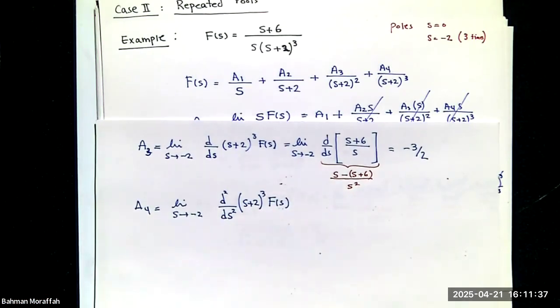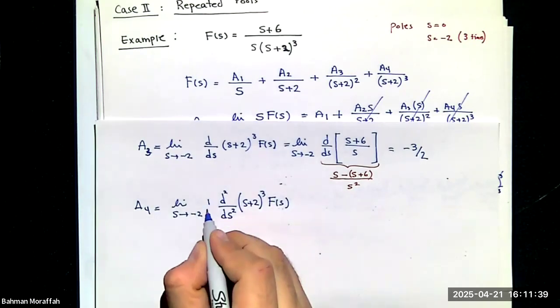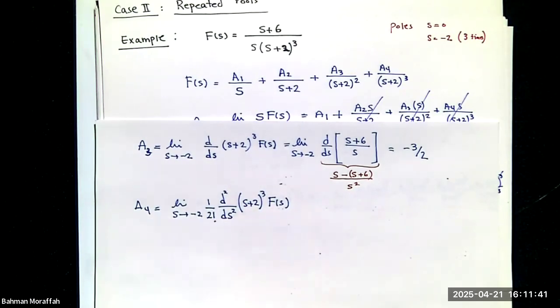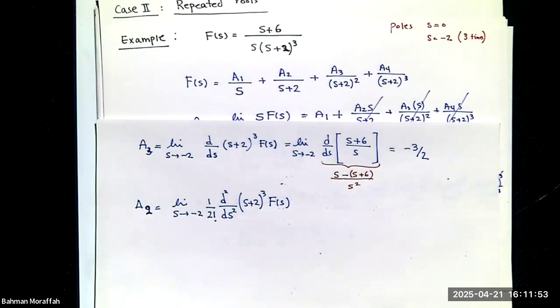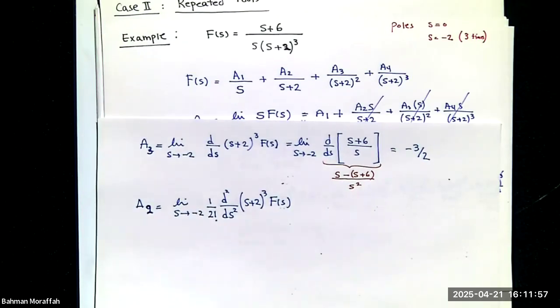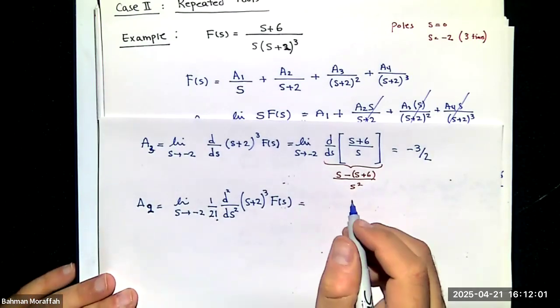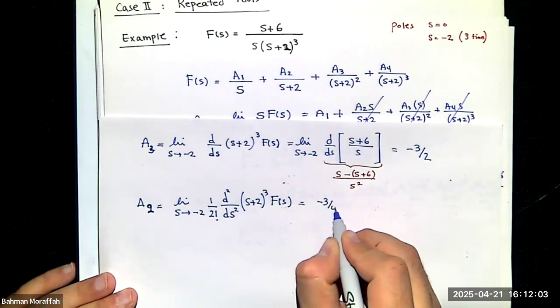It turns out you're going to have some constant multiplied by it, which is 1 over 2 factorial. It's a2, thank you. Right? So it has to have this constant, like 1 over 2 factorial. If I simplify it, that is basically -3/4.